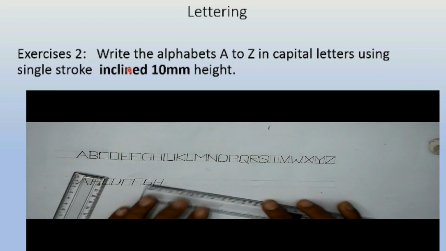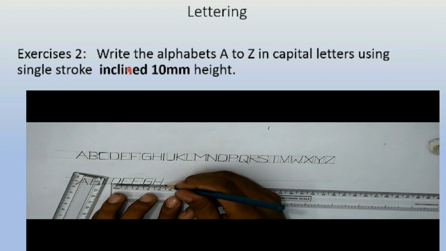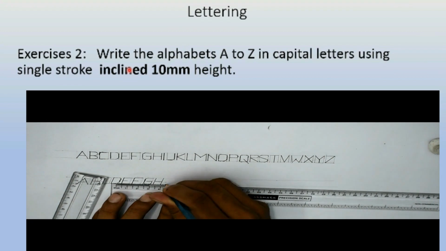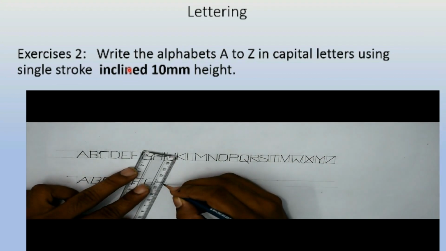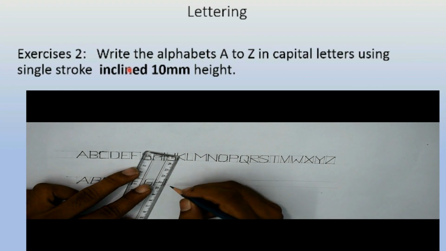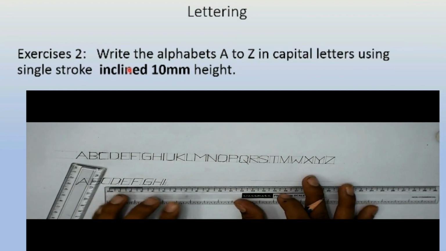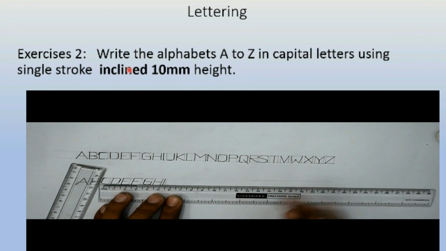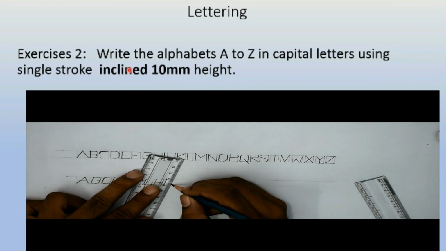And for the letter I, as we know, this is an exception. So first we need to give a gap of 2 mm, then again we can directly give a gap of 2 mm because the letter I will lie on this gap itself. And for the letter J, only I will give 5 mm width because this is also an exception.